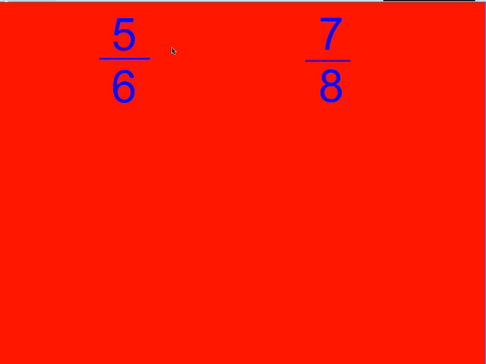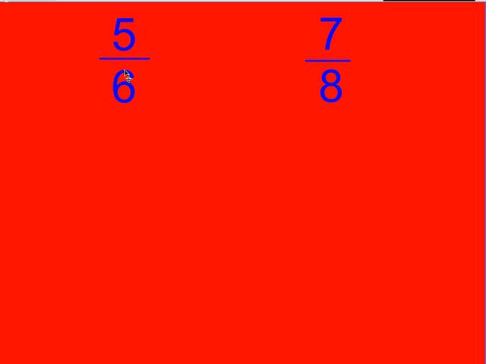All right. If I just look at this 5/6, 7/8, well, I know my denominators aren't the same, so I can't judge it that way. My numerators aren't the same, I can't judge it that way. But if I think about this, I have 5/6.